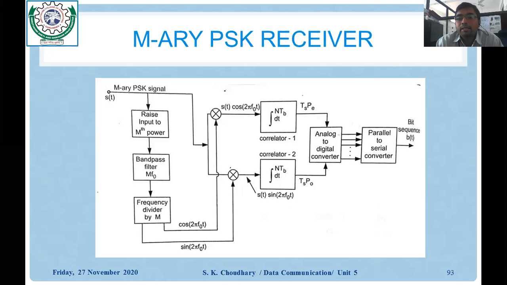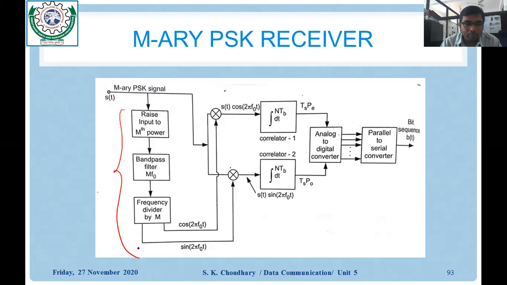Here it is a coherent detection, where we have to locally regenerate the carrier signal, similar to the carrier signal used in the transmitter section. Here again, this M-ary PSK signal is applied to the demultiplexer, and another part of the signal is applied to this section, where we locally regenerate the carrier signal.